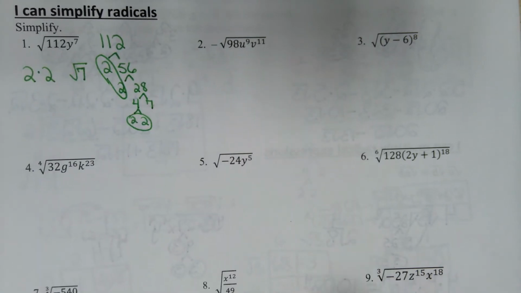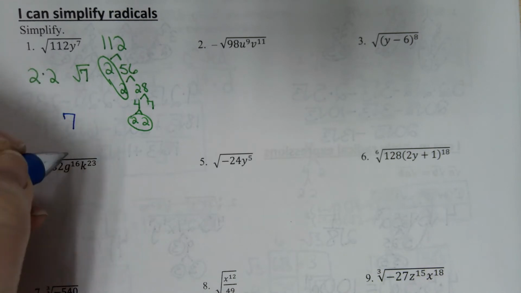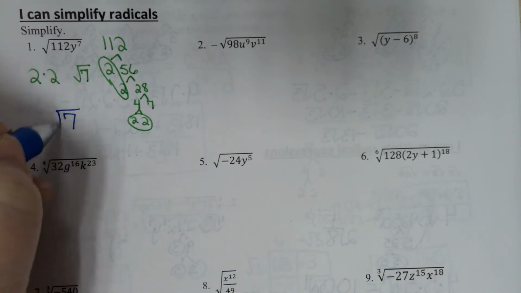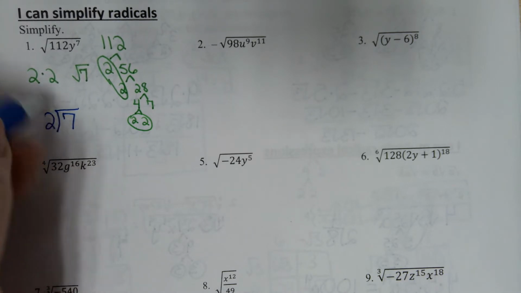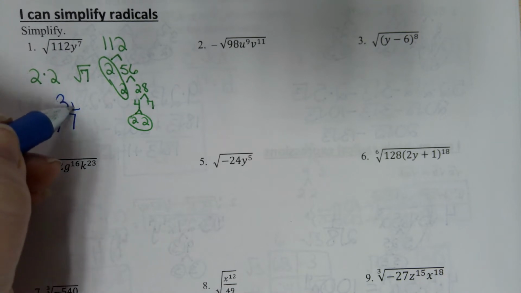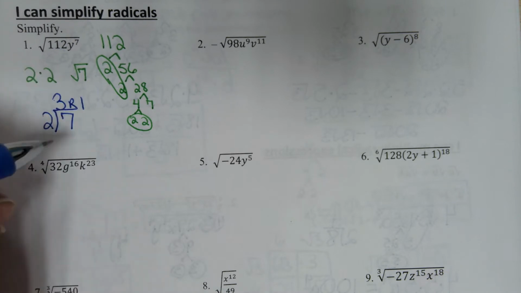So the shorthand version would be to take the exponent, which in this case for the y is 7, and divide it by the index. This is going to be division like what you learned back in elementary school. 2 goes into 7 a total of 3 times, and we get to write remainders again. The remainder would be 1.